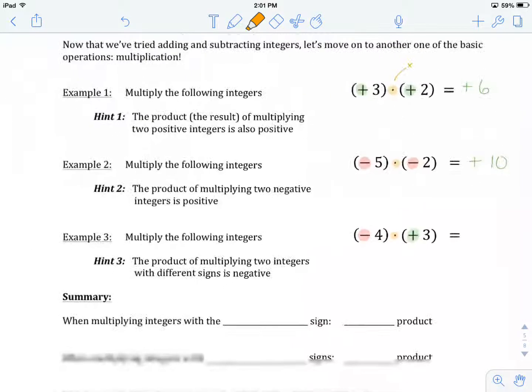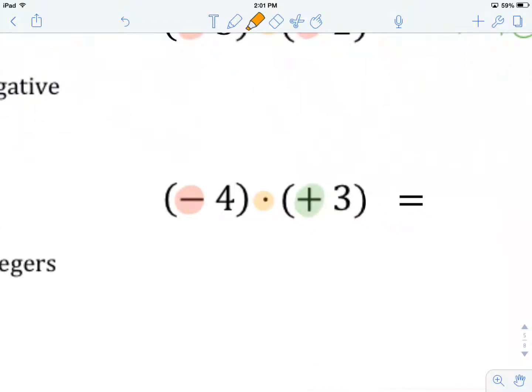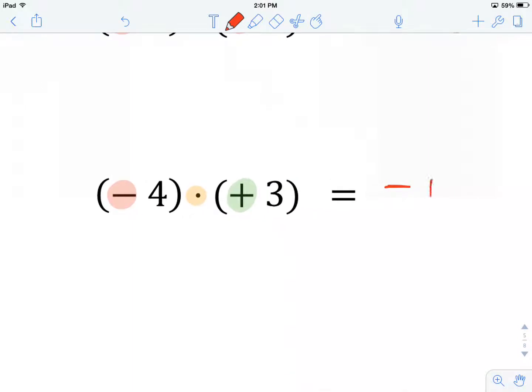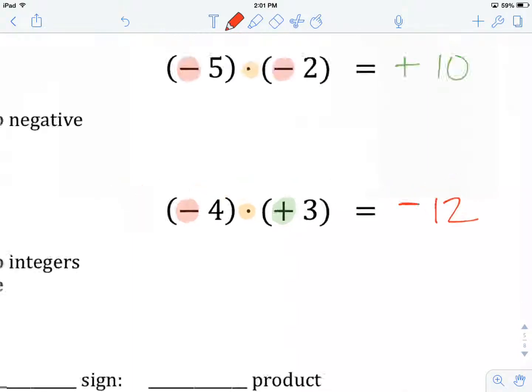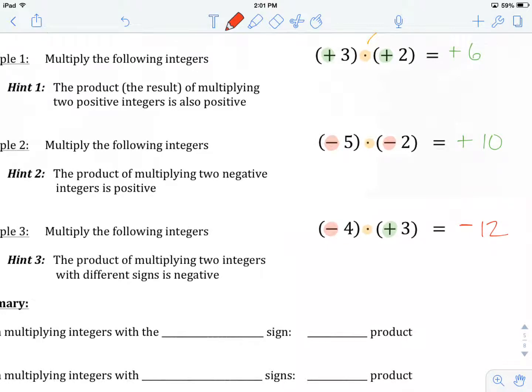So let's have a look at hint number 3, which says the product of multiplying two integers with different signs is negative. So when I look at this, I see the first integer is negative, the second integer is positive. Using that hint, I now know that my product, my result, will be negative. And once I've figured out the sign, then I look to the numbers themselves. 4 times 3 gives me 12. And that's the answer to example number 3.